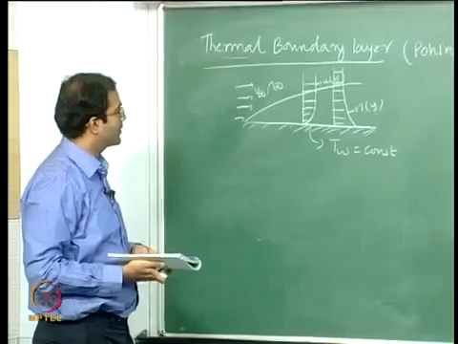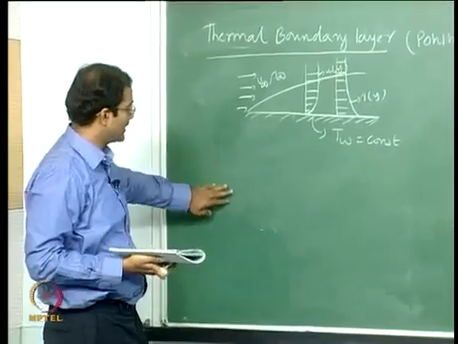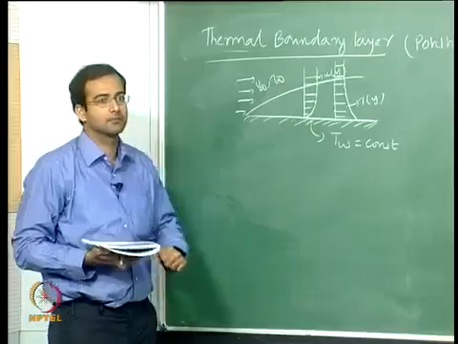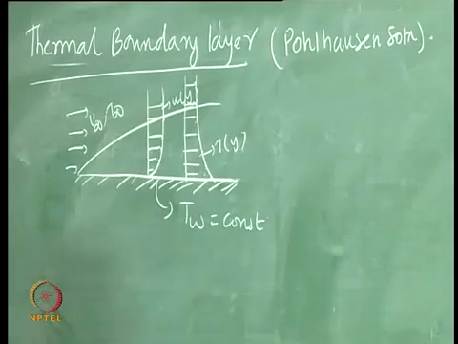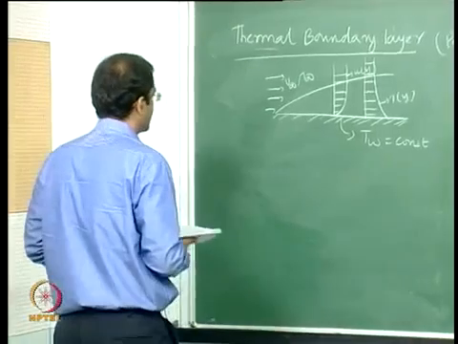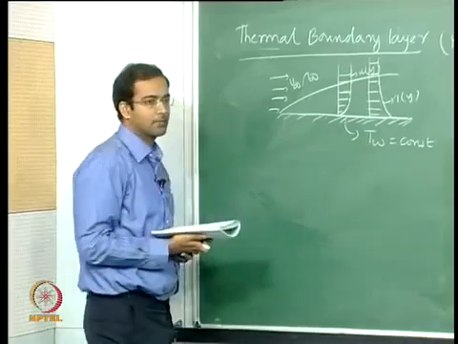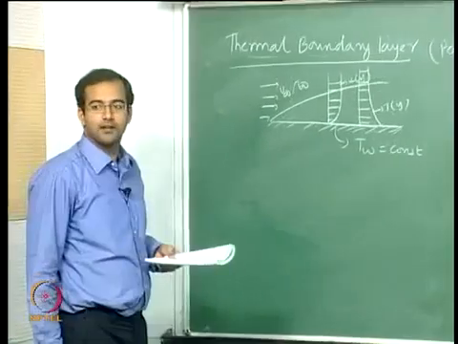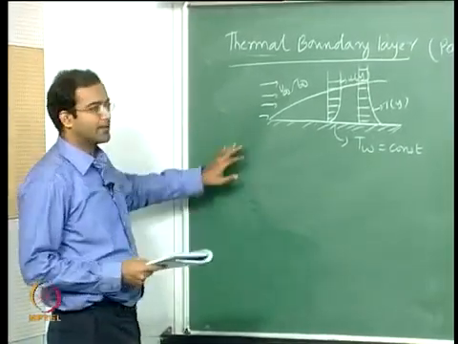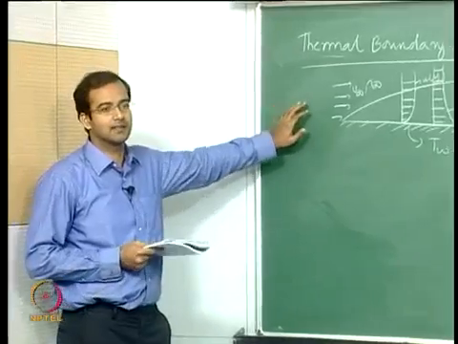Okay, now if you apply the boundary layer equations that we derived, can you tell me the terms in the boundary layer equation for temperature? I am asking for the governing equation for the energy.